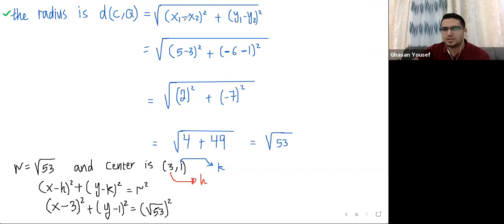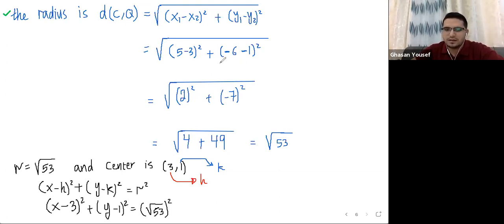But don't forget the square here. The square is very important. The same thing for y1 minus y2 or y2 minus y1. After you do the calculation inside the parentheses, you have to square it.